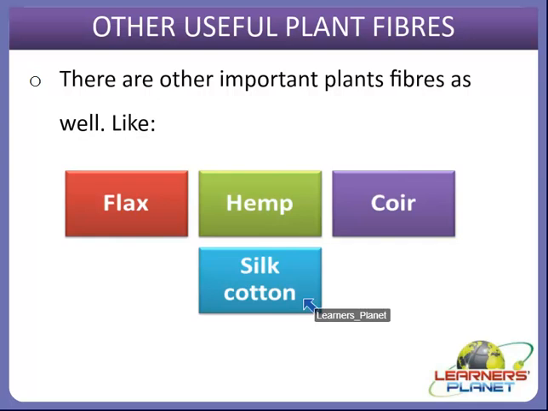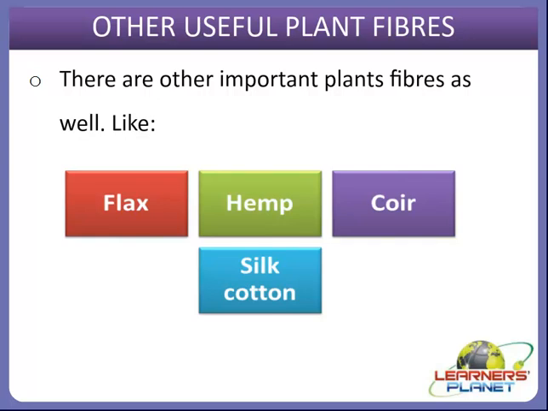Biodegradable means that which decomposes completely by the action of microorganisms. And these are incredibly comfortable for human skin. Right? So let us now start this session with other useful plant fibers.